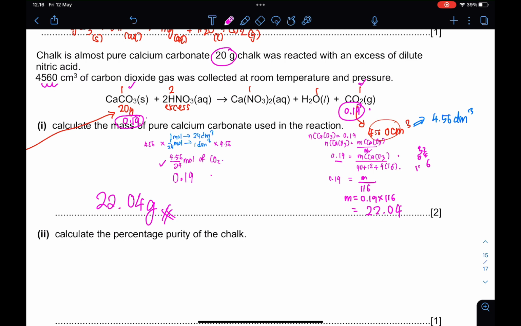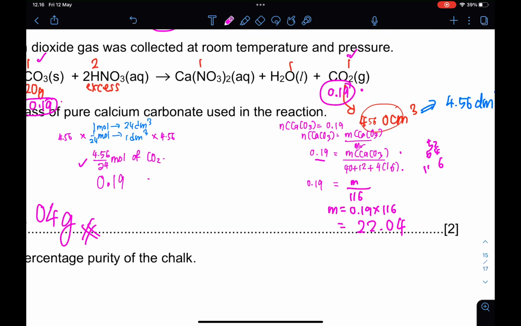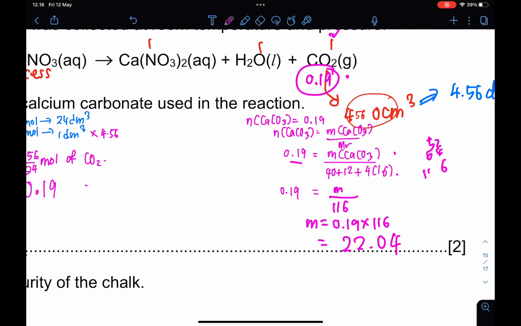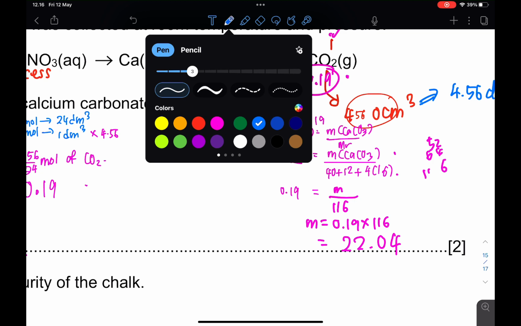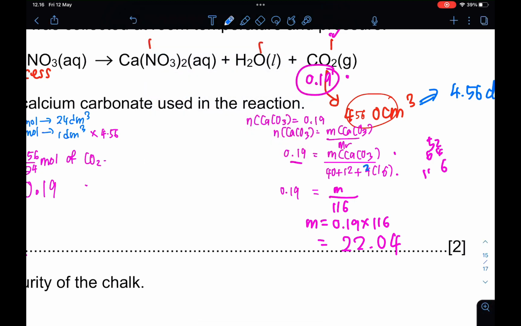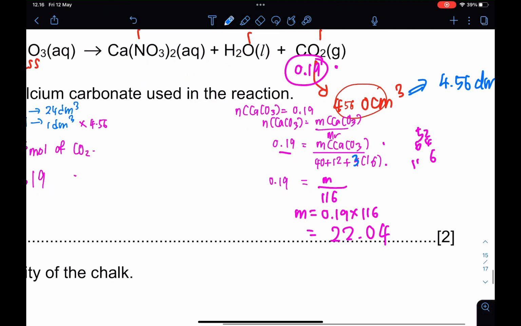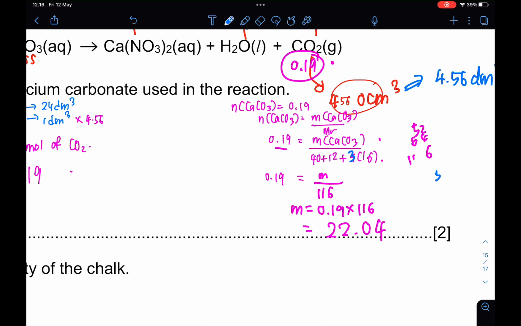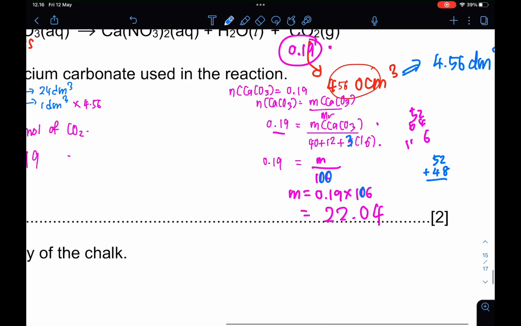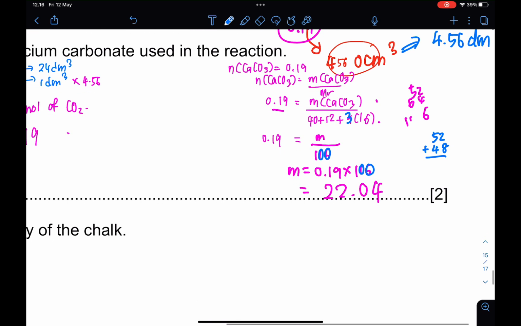We know number of moles equals mass over Mr. We put the Mr of calcium carbonate, 40 plus 12 plus, yeah, that is the mistake here. So this one is wrong. This one is 3 instead of 4, 3 times 16. So this should be 52 plus 48, so I will get 100.